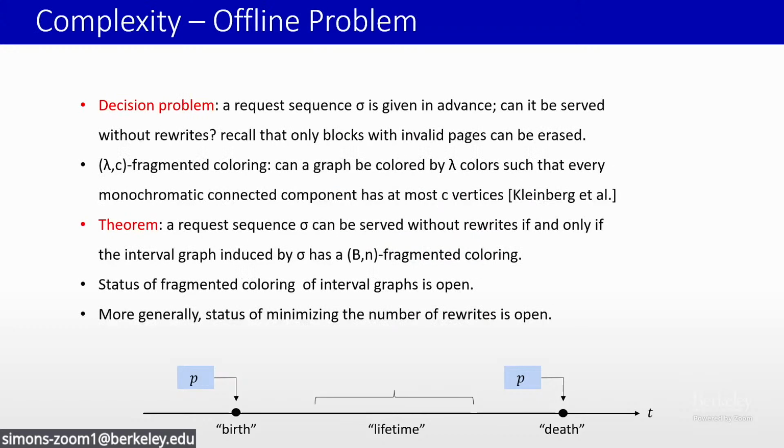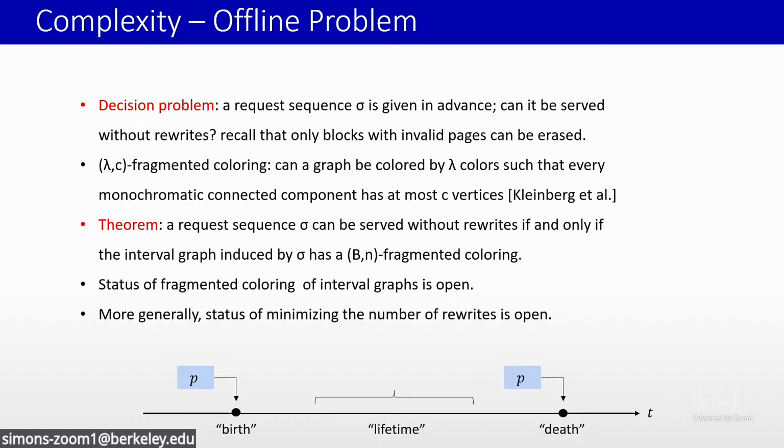Let me do a digression to the pure offline problem, and let's ask the following simple decision problem. When can a request sequence be handled, assuming everything is given in advance, so that there are no rewrites at all? This can be related to a problem called (lambda, C) fragmented coloring, defined by Kleinberg et al. in the context of databases.